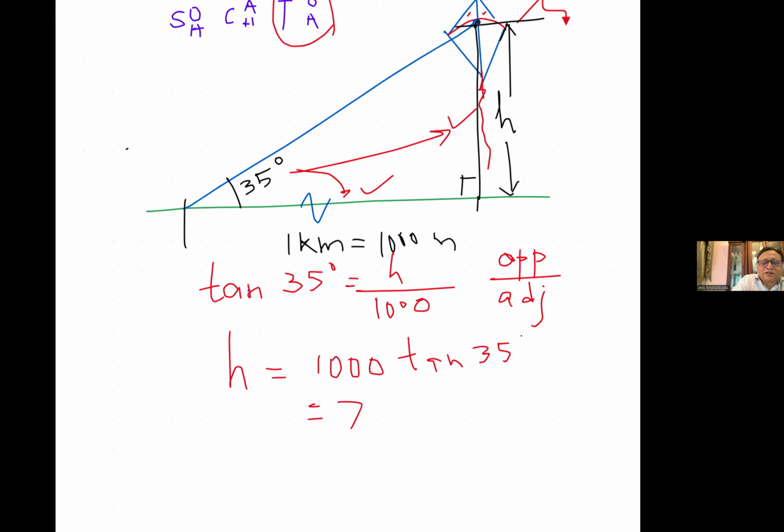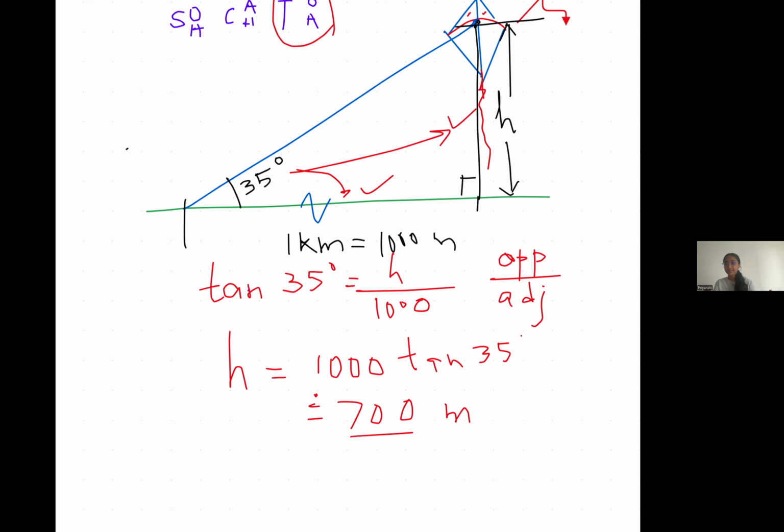Okay, so I'll just round it to 700 meters. Approximate, so it is a good idea to write a dot here. So we could now apply what we have learned in trigonometry in a real life situation and figure out that the height should be 700 meters.